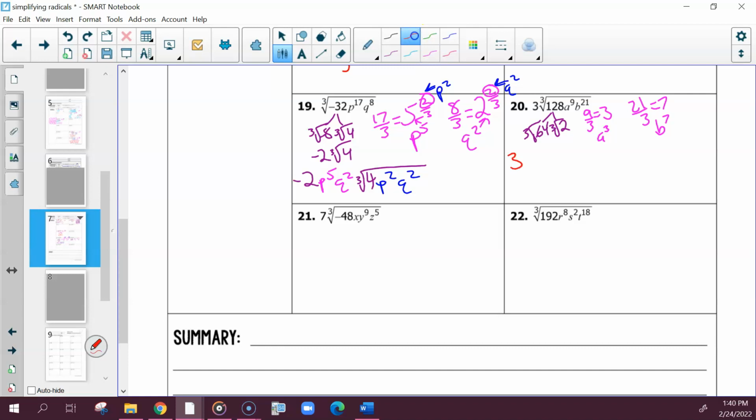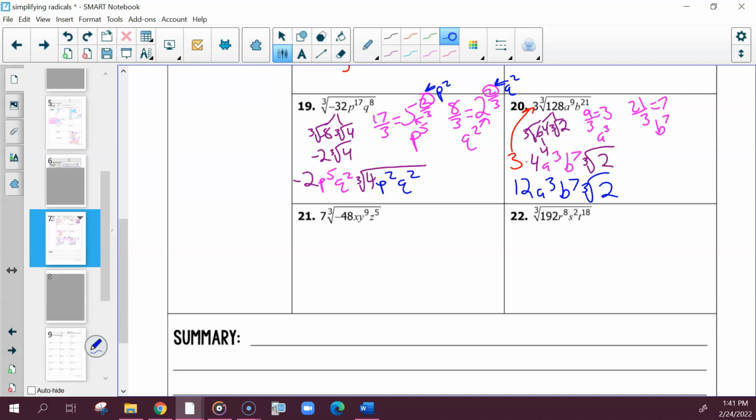So we have the 3 from the outside originally. The cube root of 64 becomes 4, so that would come out. And then our a to the 3rd, b to the 7th would come out, and the only thing left would be the cube root of 2. Putting that all together, we would have 12 a to the 3rd, b to the 7th times the cube root of 2.